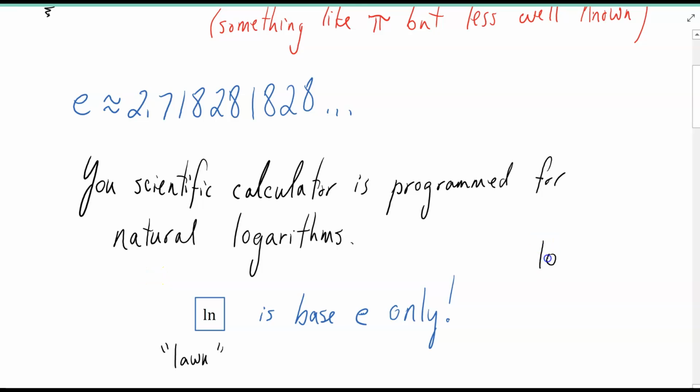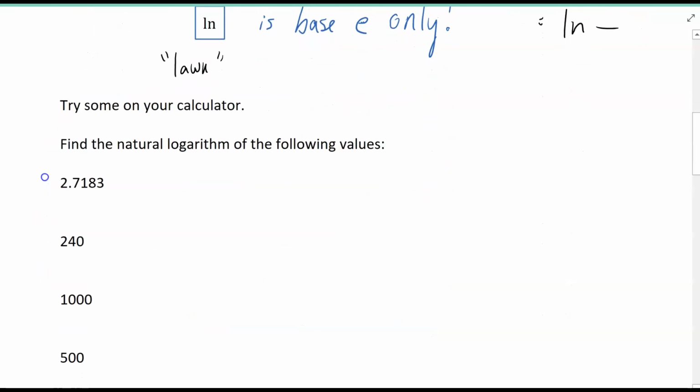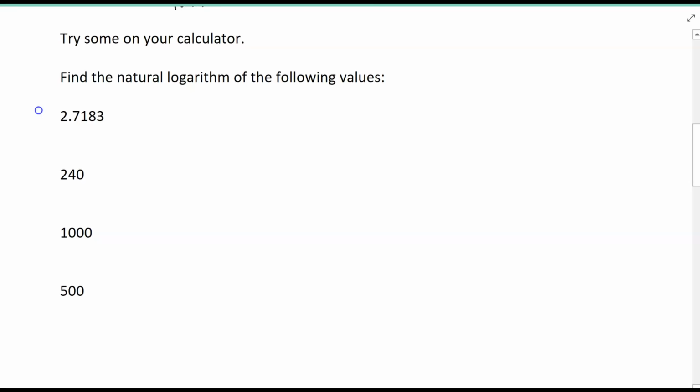So log base e of some value is equal to ln of the same value. When you see ln, it just means log base e. Try some on your calculator. Find the natural logarithm for these following values using your ln key.